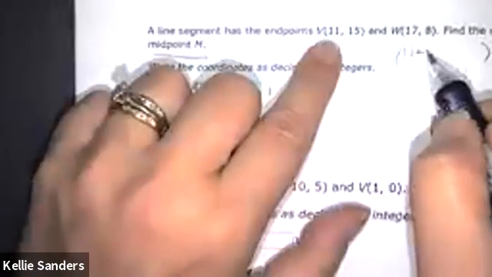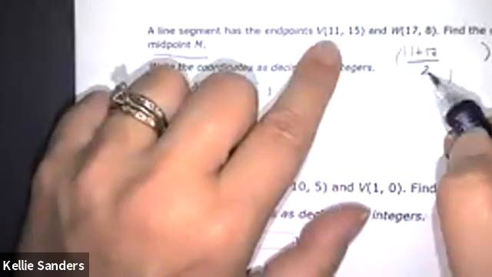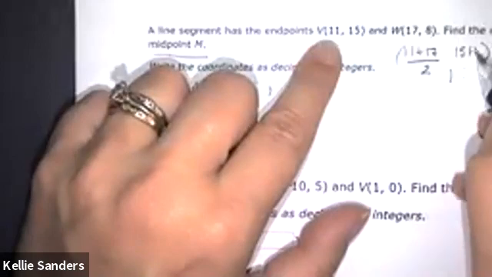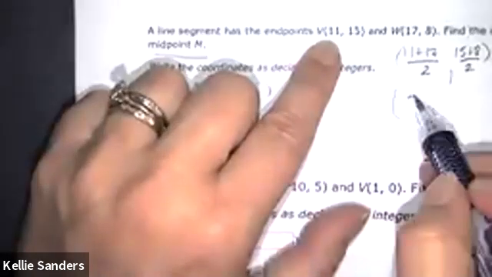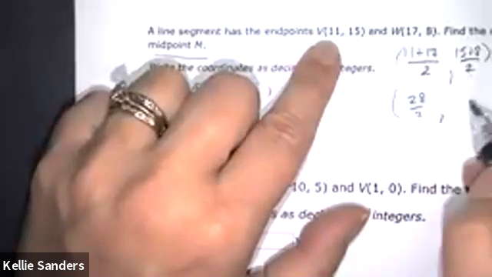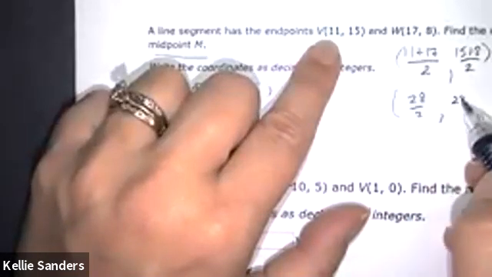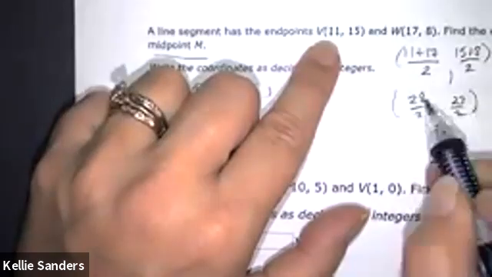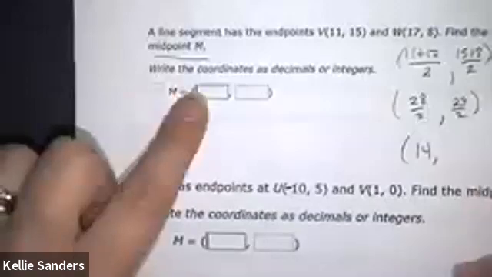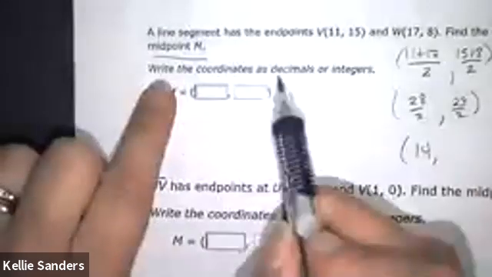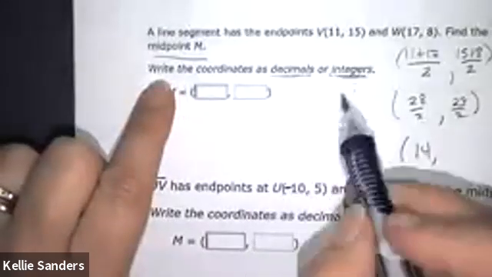So 11 plus 17 divided by 2, 15 plus 8 divided by 2. 11 plus 17 is 28. 15 plus 8 is 23. 28 divided by 2 is 14. Now let me look. Write the coordinates as decimals or integers.